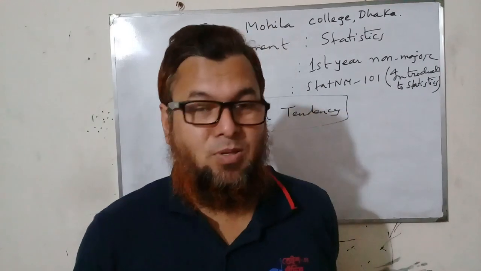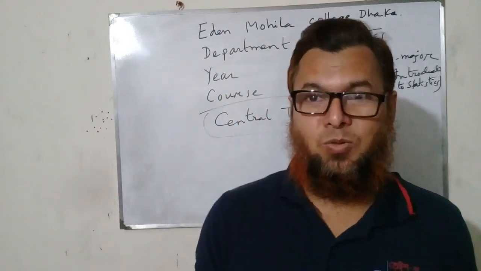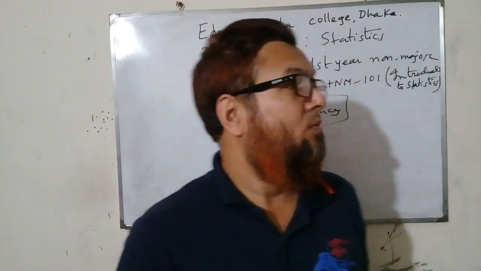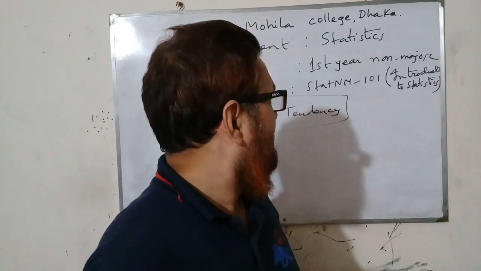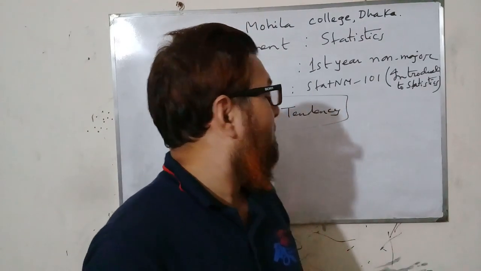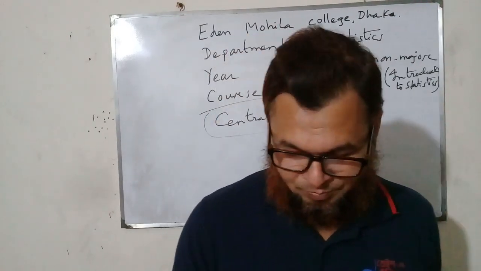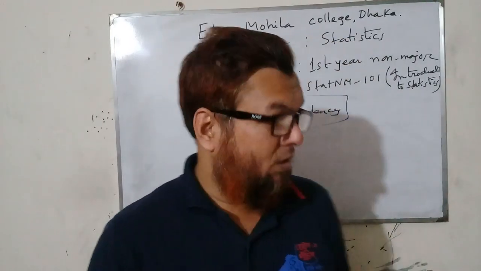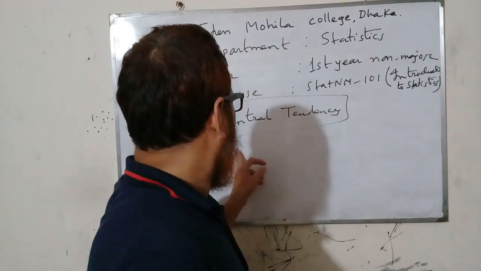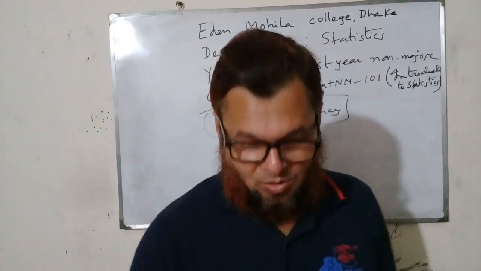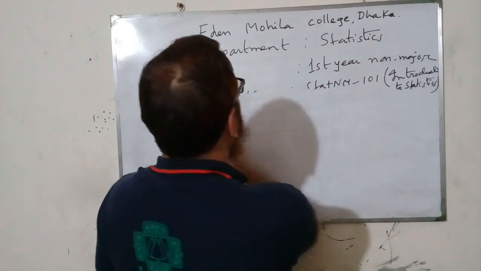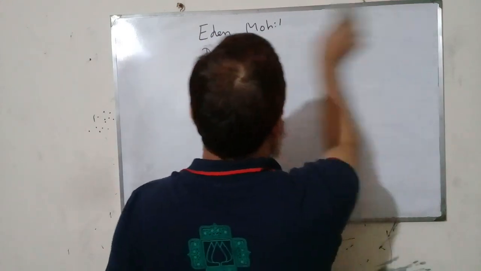This is a half unit course, that is 2 credit, 50 marks. 15 is in course and 35 is exam. Okay, I shall start. Central tendency. What is central tendency?